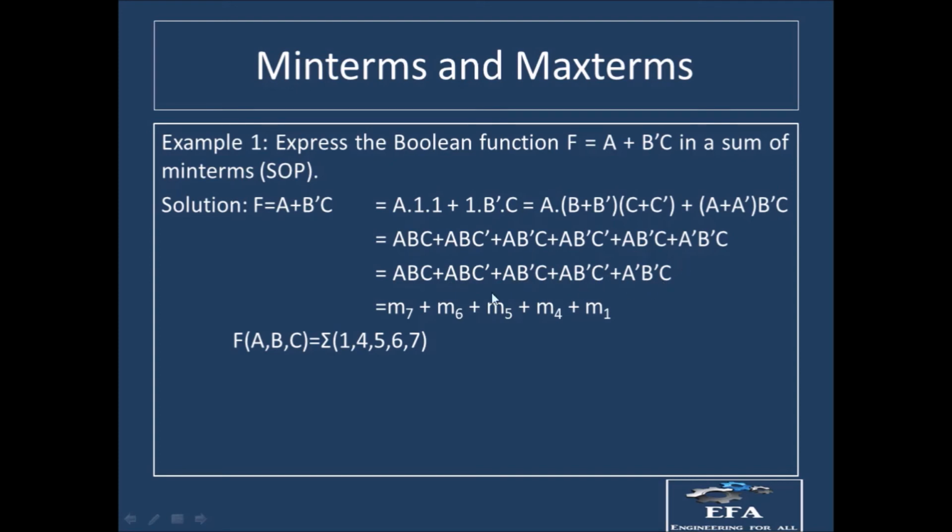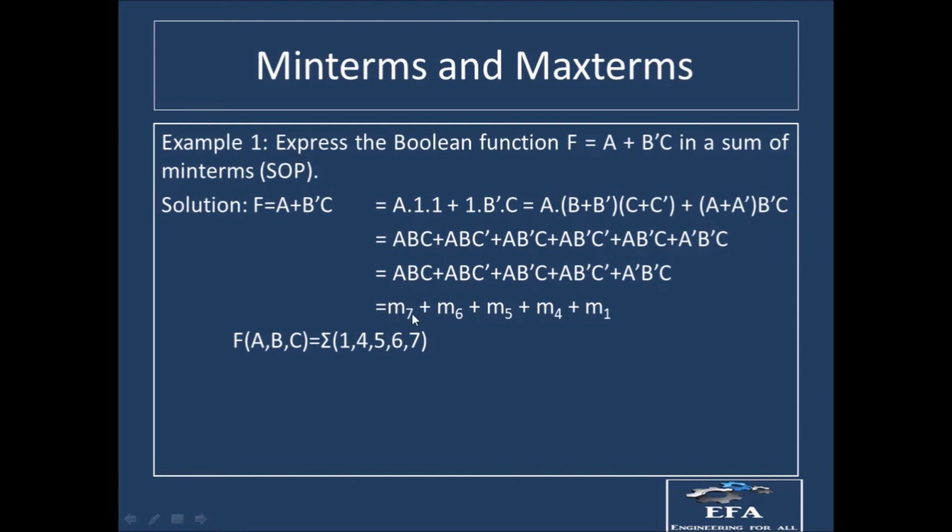If we look at this expression, we need to judge what the min terms can be. Here we have ABC, which means A is 1, B is 1 and C is 1. When all three are 1, the value is 7, so we will have the min term 7.